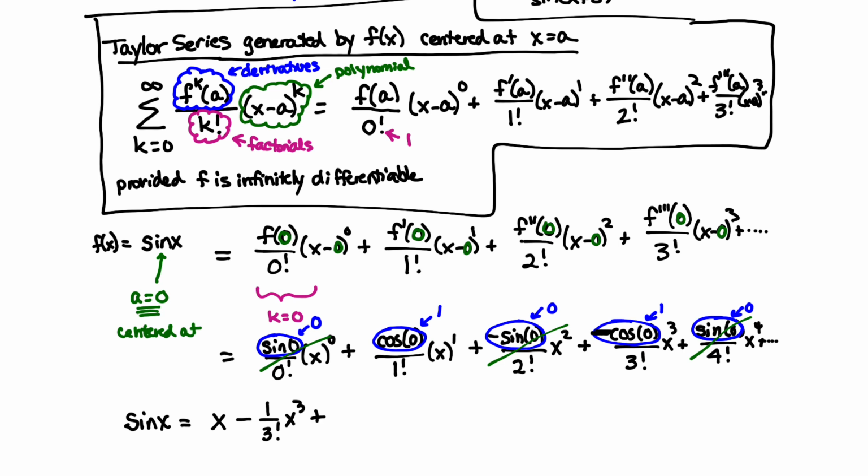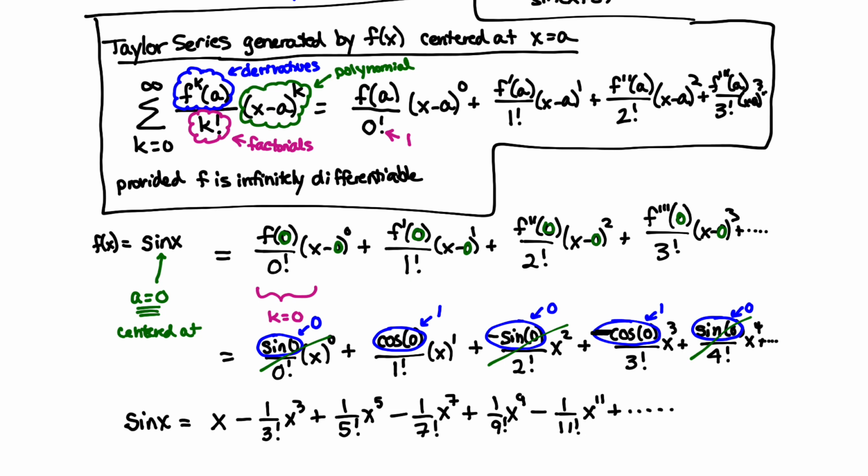And then the next guy would be plus 1 over 5 factorial x to the 5th minus 1 over 7 factorial x to the 7th plus 1 over 9 factorial x to the 9th minus 1 over 11 factorial x to the 11th. Are you with me?